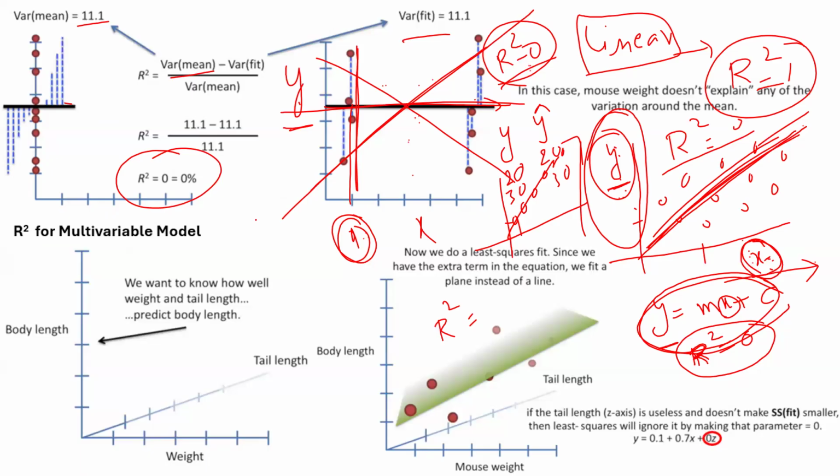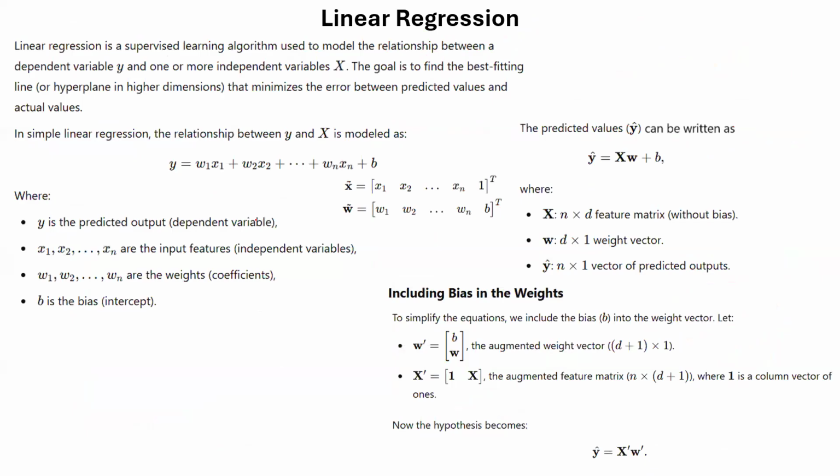Okay. Now coming back to linear regression. In linear regression, what are we trying to do? We are just trying to fit a line: y is equal to wx plus b, when you have only two dimensions.